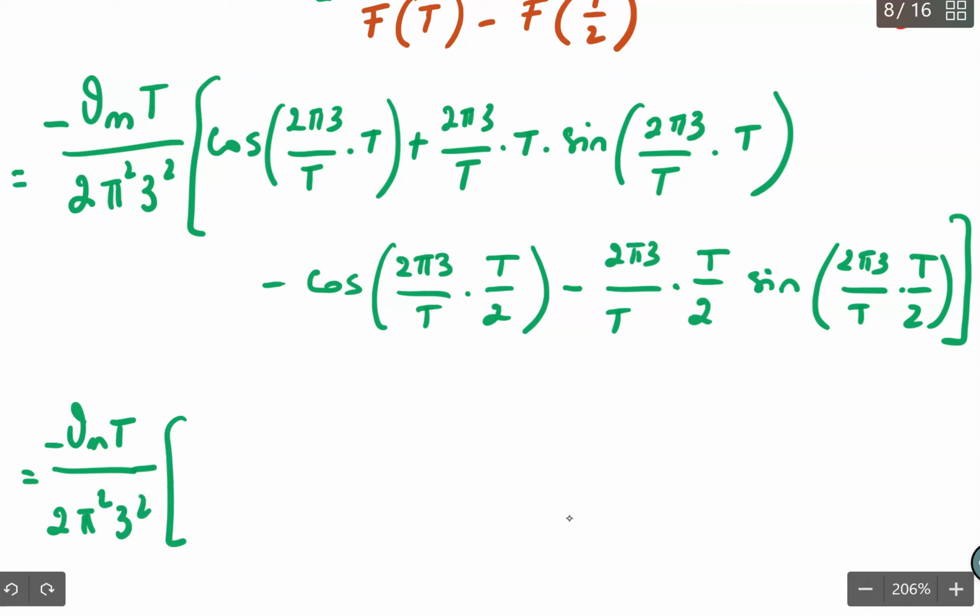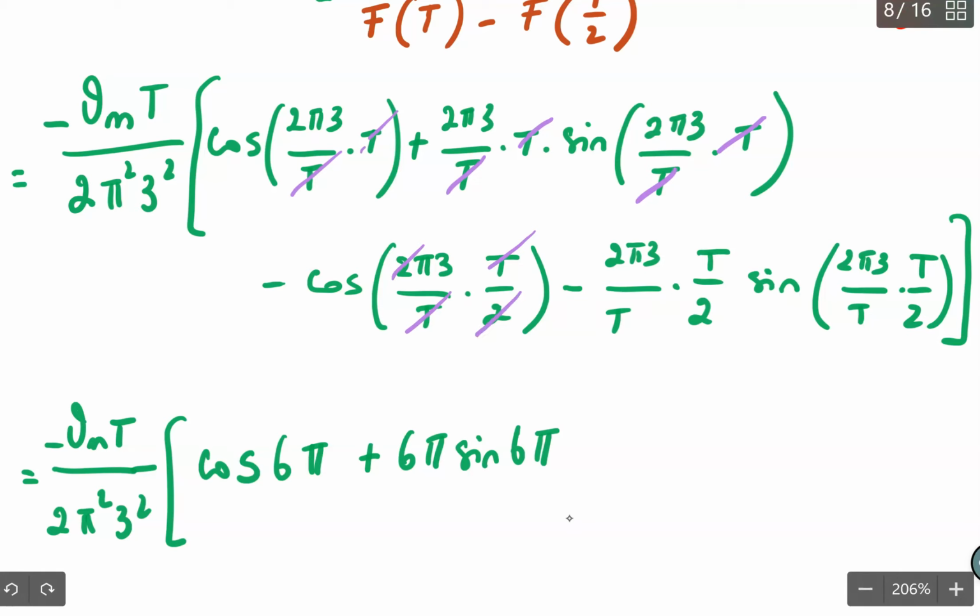So let's see what we can cancel inside our bracket. You see that this can cancel with that, and that with that. So I can have it as cos of 6 pi, add that with 6 pi times sine of 6 pi, and over here I should have those cancel.